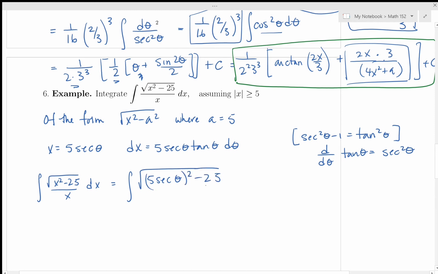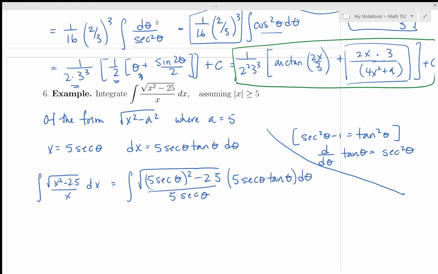And then what is x? x is 5 secant theta. That's nice. And then what is dx? dx is 5 secant theta tan theta d theta. Looks a bit awful, but things are going to get good really quick.